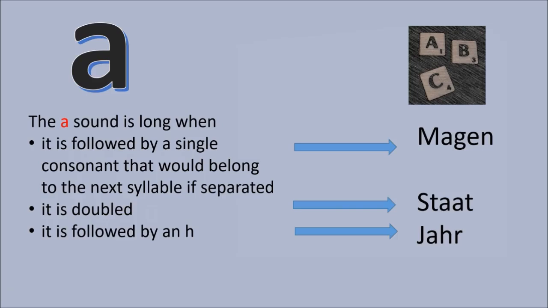So the next syllable is the "gen", Magen. It is also long if it is doubled, as in Saat, and if it's followed by an H, as in Jahr. The H usually makes it a long sound. So Magen, Saat, Jahr.